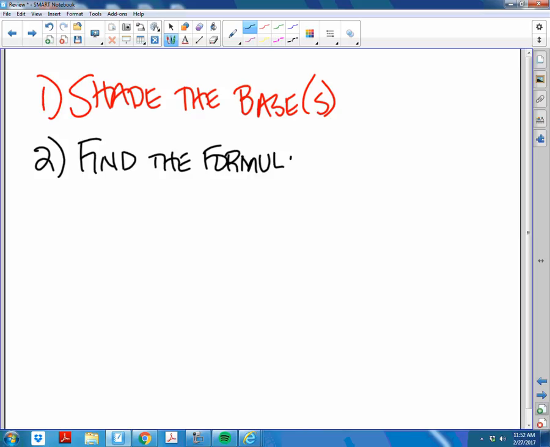The reason I have you find the formula next is because sometimes your formula may say you just need R and H. Sometimes it may say you need capital P, capital B, and little h. The formula tells you what you must find. So step 3 is you find what you need.